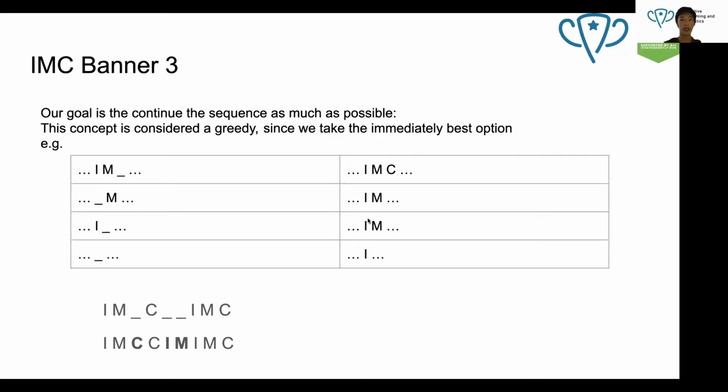For the next one, we try to continue the string by putting an M. But at this point, we've run out of spaces, so we can't complete this IMC. For the rest, the last 3 characters are already there, so you count that as another IMC.